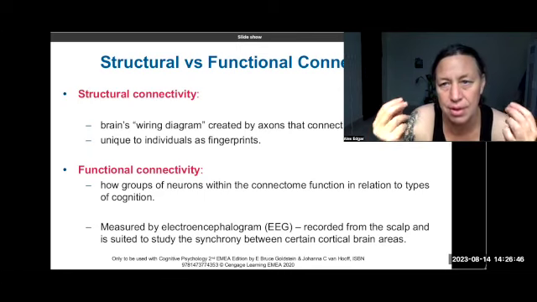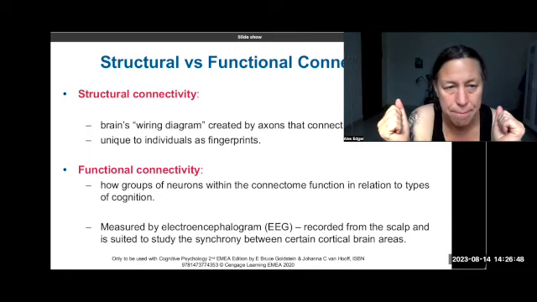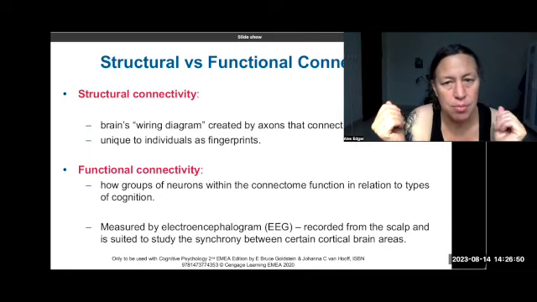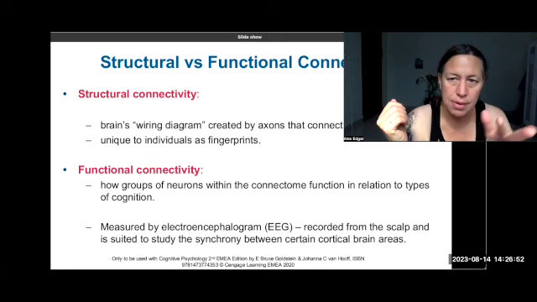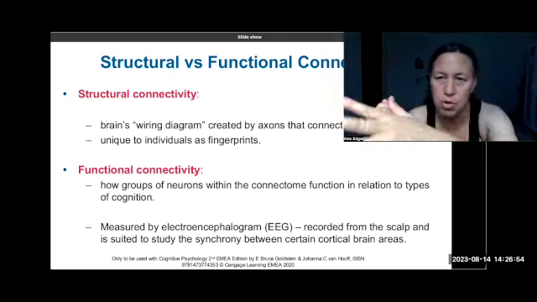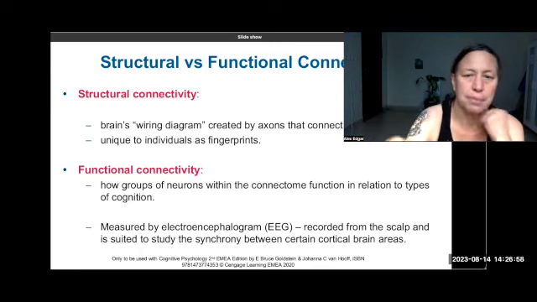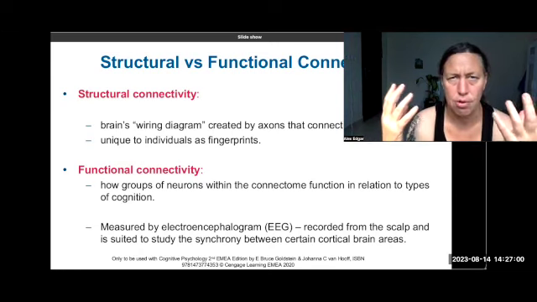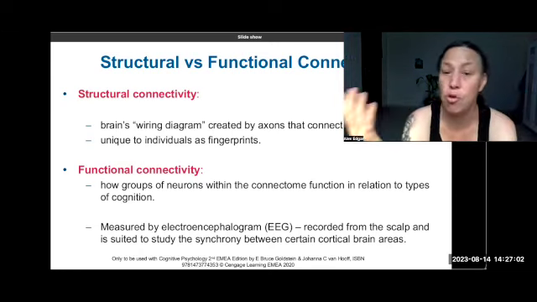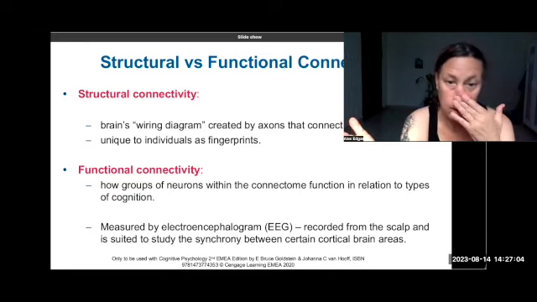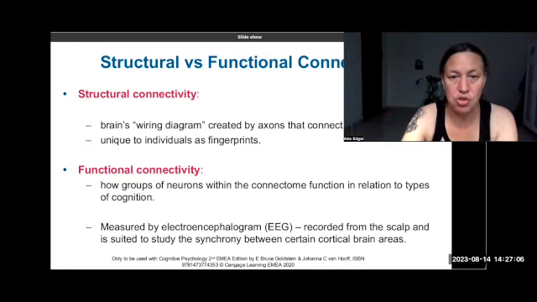That's structural connectivity. Functional connectivity means there's a sequence, a cascade of events and communication that happens over time as you think and cognitively process. We measure that with an EEG because that's good for measuring things over time.